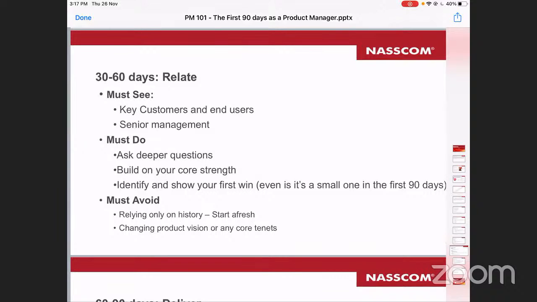And the most important thing, identify what could be a first win in your first 90 days. Believe me, it's so important to show success in the first 90 days, even if it's a very small success. It could be a process success, it could be a feature, it could be an idea, it could be a POC, it could be a customer success. Doesn't matter.